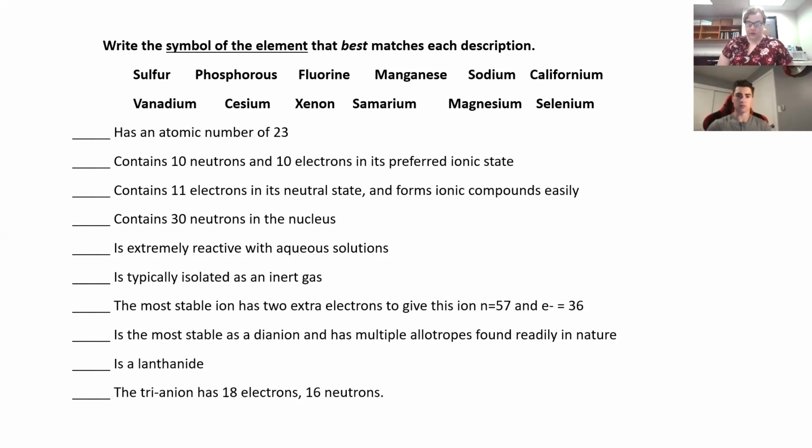So we can start with oxygen, which is 8. If it has 8 protons and we gave it 10 electrons, what would the charge be? 8 protons are positive. If we gave it 10 electrons, it would be -2.